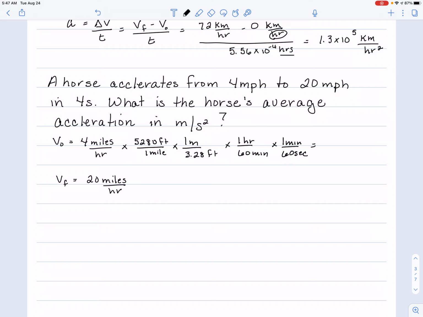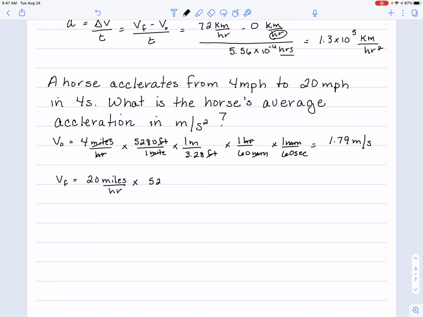So quite a long conversion string. Let's see if we're going to get our meters per second. So miles will cancel, feet will cancel, hours will cancel, minutes will cancel. The only units I don't have canceled are meters per second. So when I plug this in, I should get 1.79 meters per second.